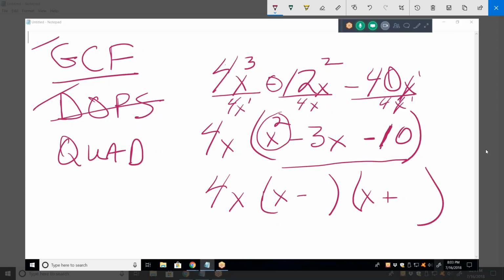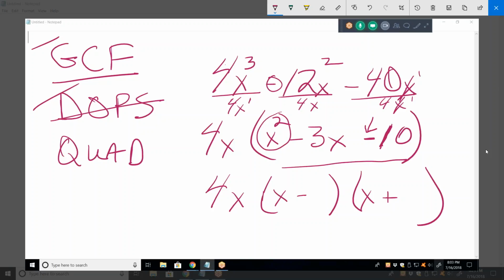I'll get you started. Factors of what? Now it's factors of 10, factors of the constant, that have to do what? They have to subtract. They have to subtract to the number 3.